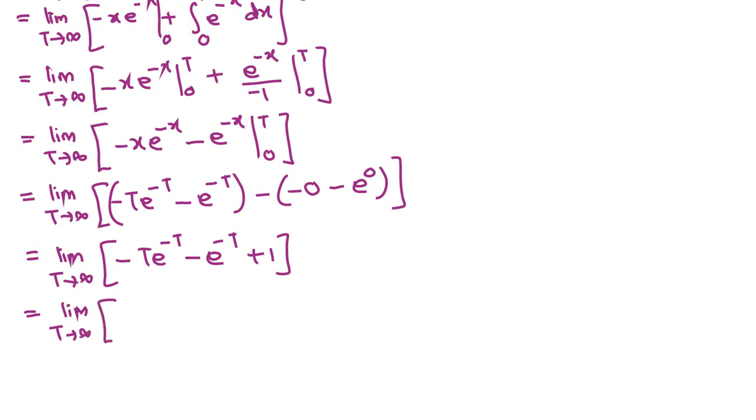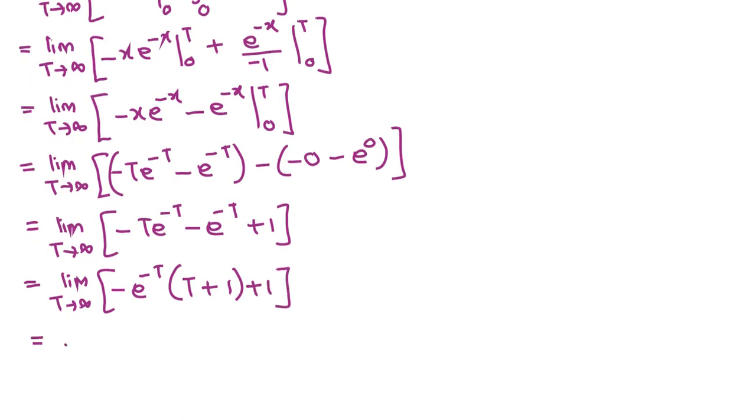Next, with the limit as t approaches infinity, you factorize and get negative e to the negative t times t plus 1, and then plus 1. Last, you substitute t equal to infinity.